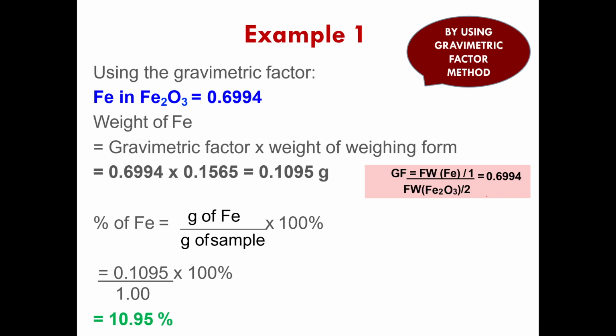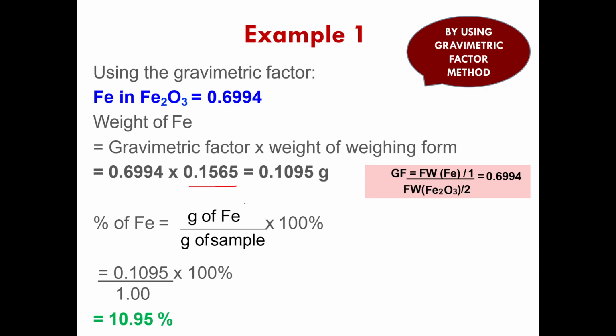With that we get the gravimetric factor 0.6994. We multiply this by the weight of precipitate, 0.1565, from the question, and get the mass of analyte, 0.1095 gram.